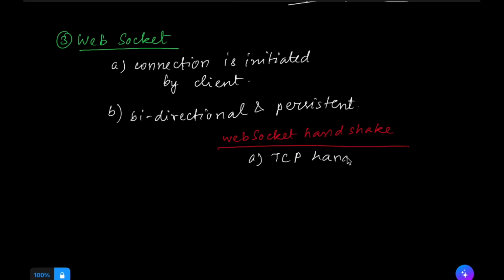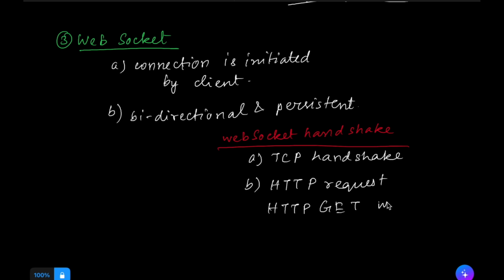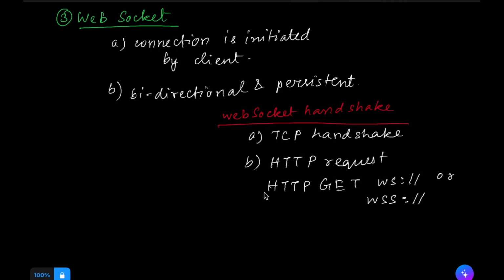Thus there is a TCP handshake to establish the communication, and along with the HTTP request we have additional headers, like HTTP GET, and we have the WebSocket protocol, or WSS for security, WebSocket Secure. These additional headers in the HTTP request tell the server to upgrade the communication to a WebSocket protocol.